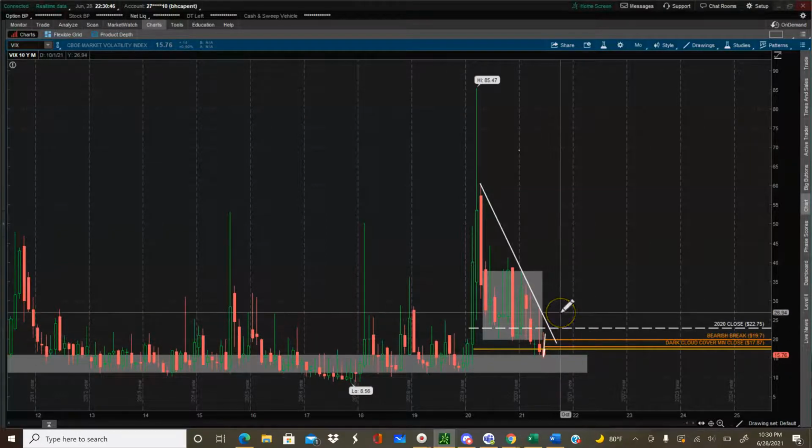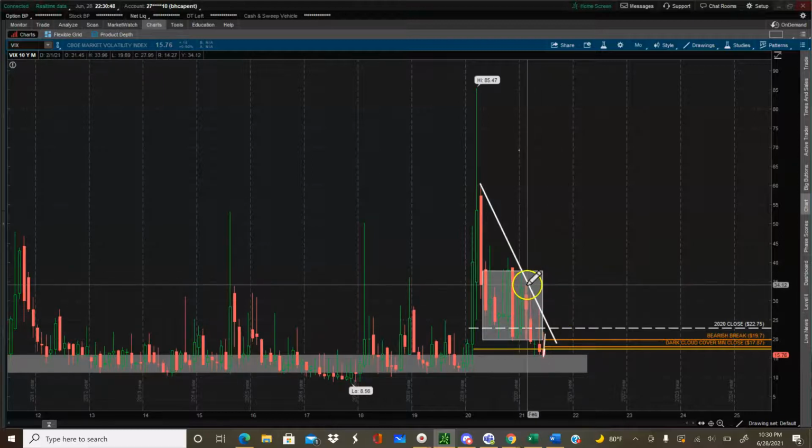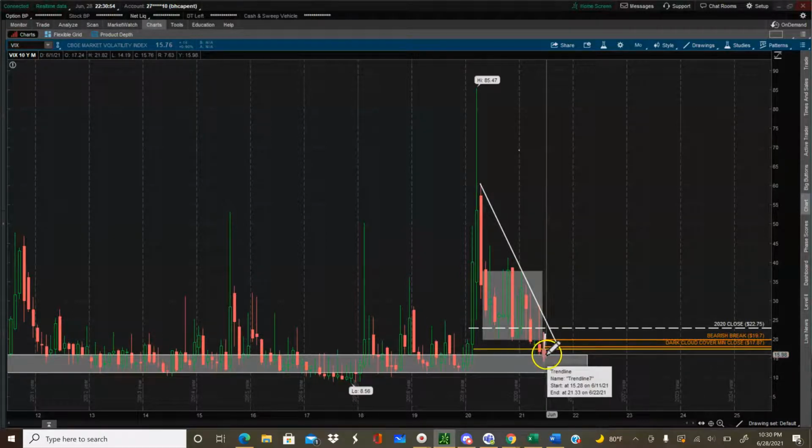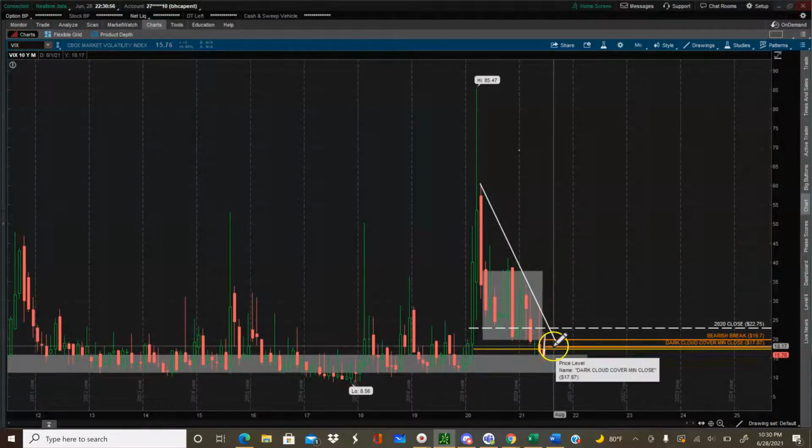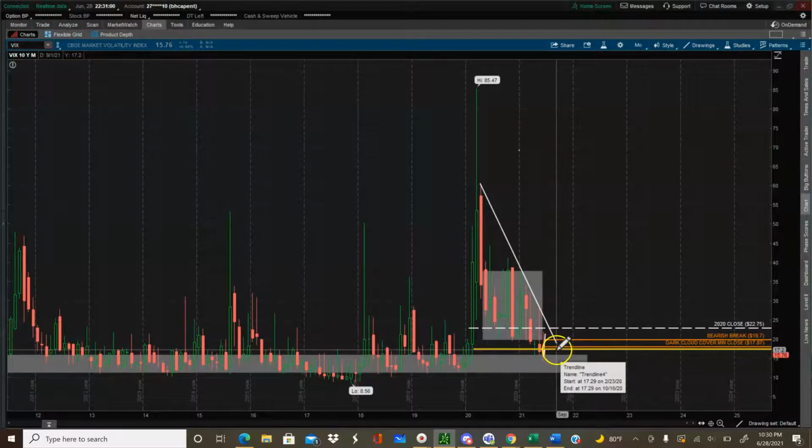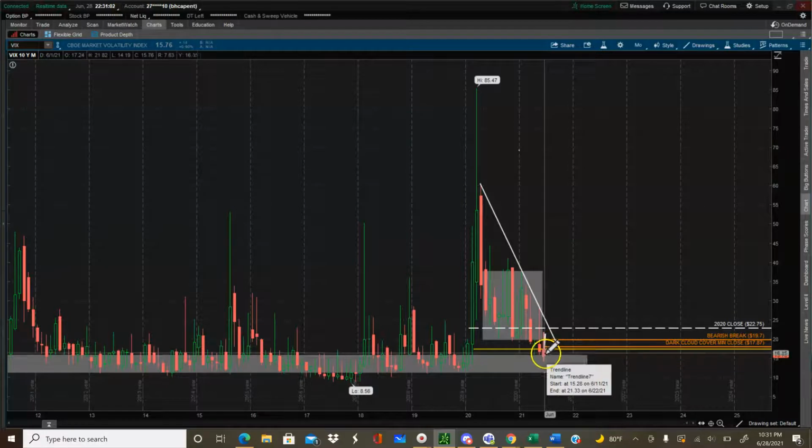Let's see, one, two, three, four touches there. So as VIX, there's going to have to be something here at some point.